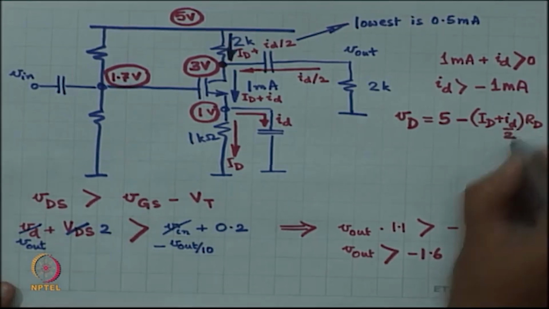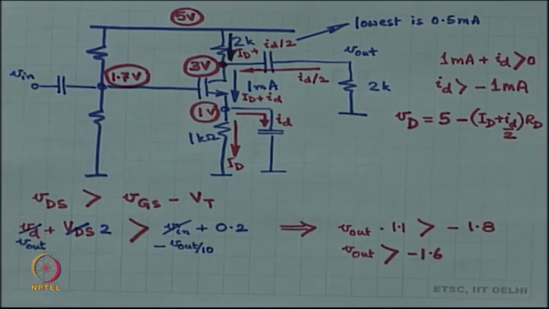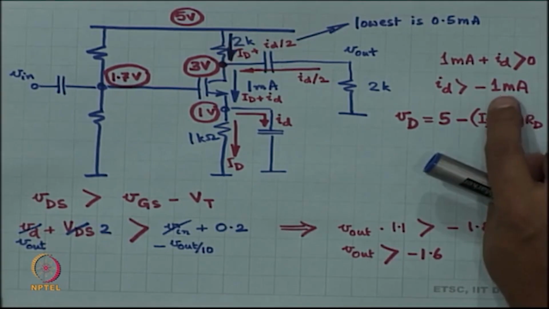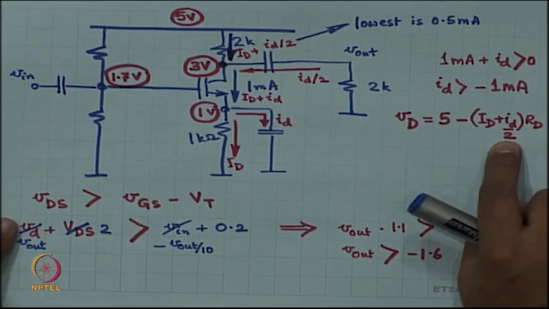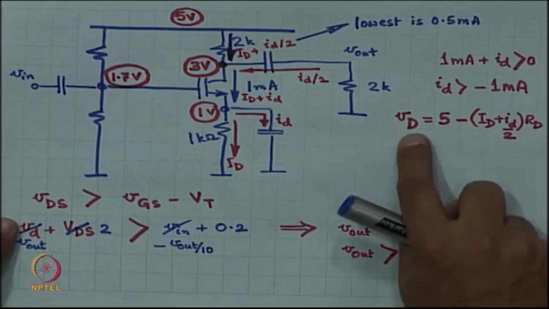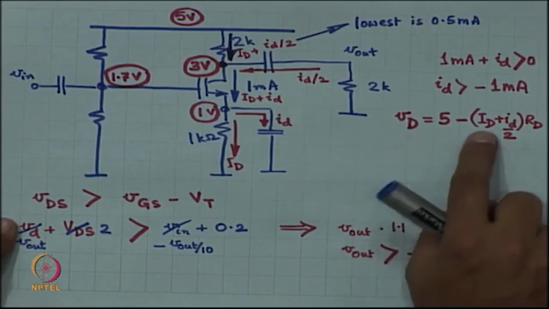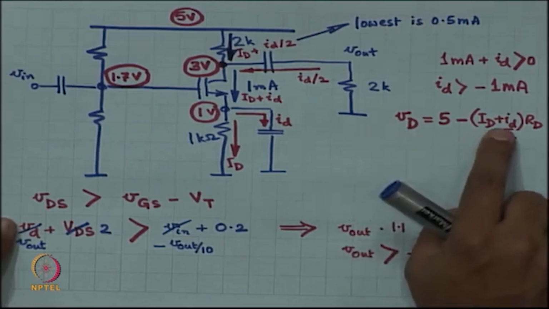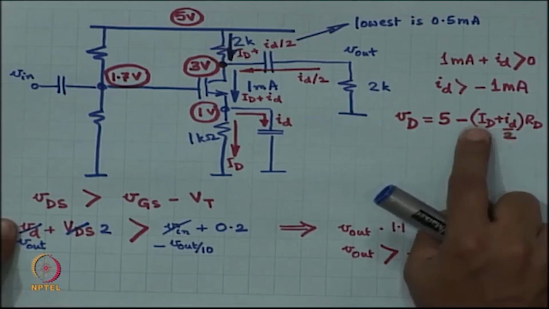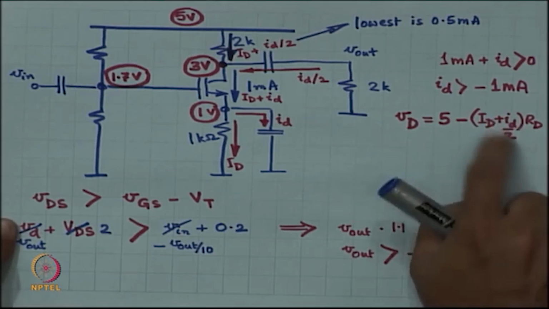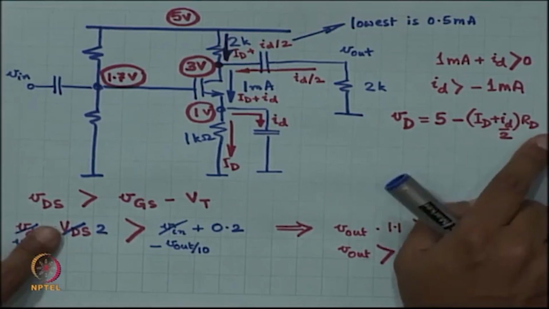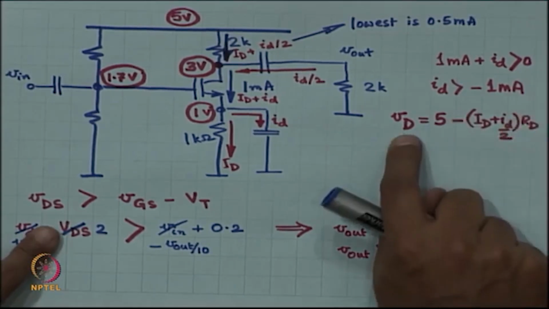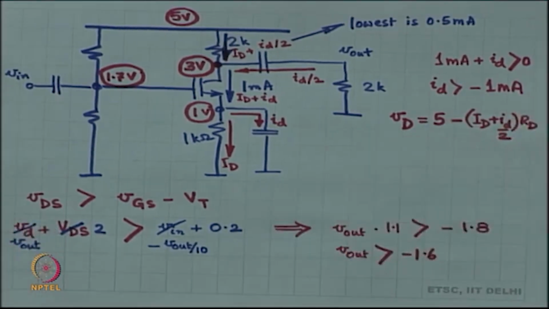Here, small id has a smallest value of minus 1 milliampere, it is always larger than that, and therefore VD has the largest value. You plug in capital ID 1, small id minus 1, so 1 minus 1 by 2. So, this is half, capital RD is 2 kilo ohms, half times 2 kilo ohm is 1 volt. So, the largest value of VD is 4 volts.